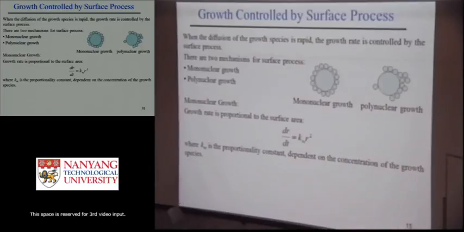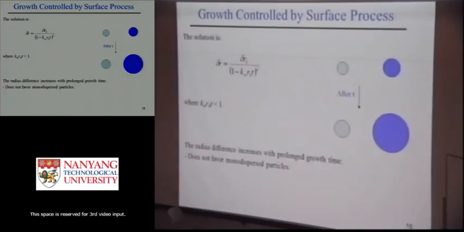But if the system is defined, that value is defined. So again, we can solve this equation and get the idea how the radius should change along the time.